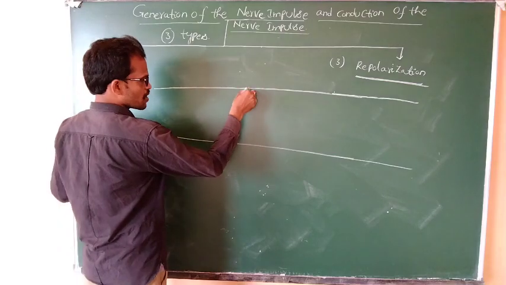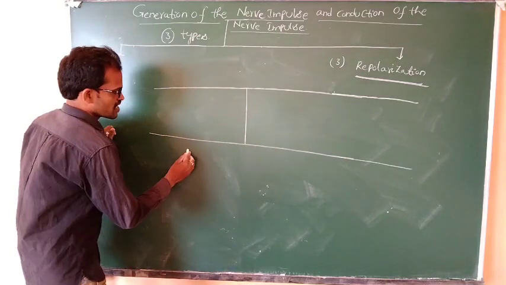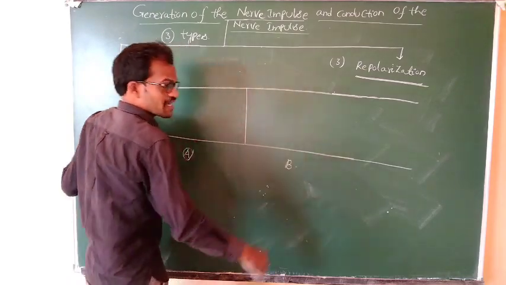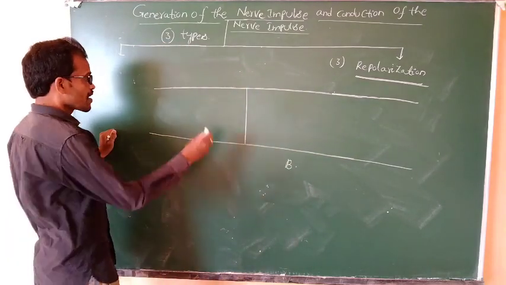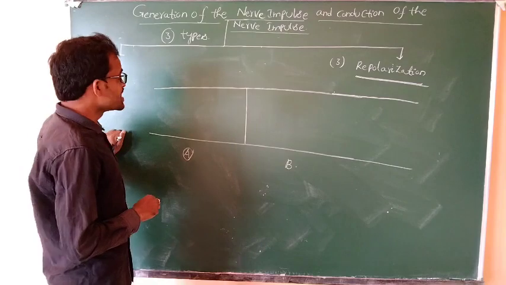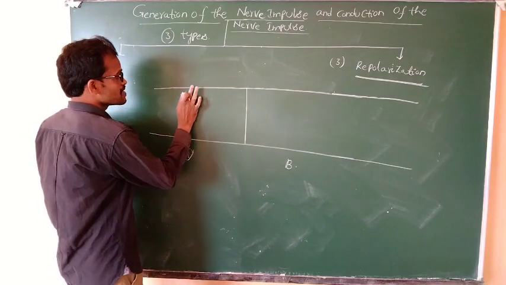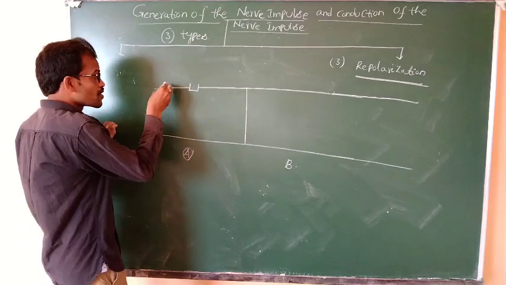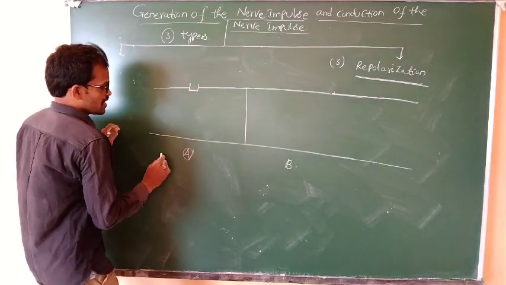For example, one region of the axolemma is indicated as A and the next as B. Here it is depolarized, which means the sodium channels are open.